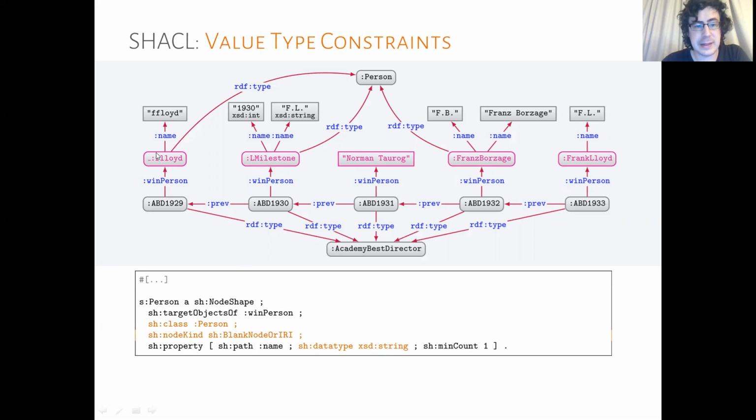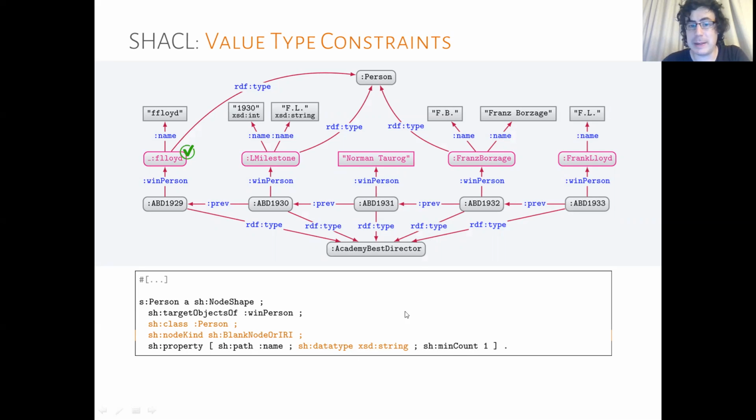So we see that this person here is a blank node, which is fine, has a name, which is fine, and is an instance of person. So looks good. We see that this person here is an IRI, has 2 names, and is of type person. So there is a slight complication here that this name isn't really a name, right? It's an int. So here again, we're not counting how many things are strings. We're saying that all of the names must be strings, okay?